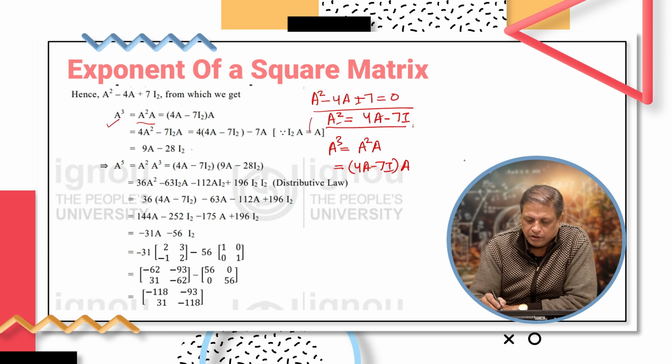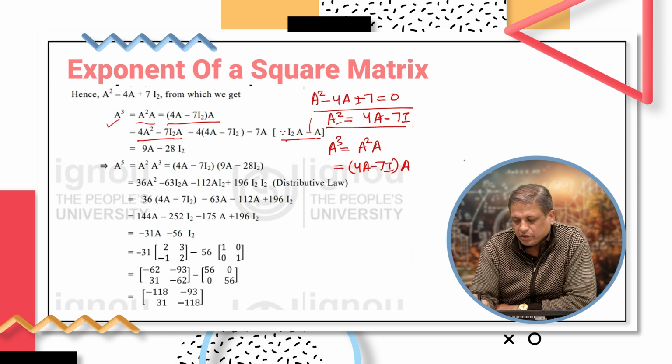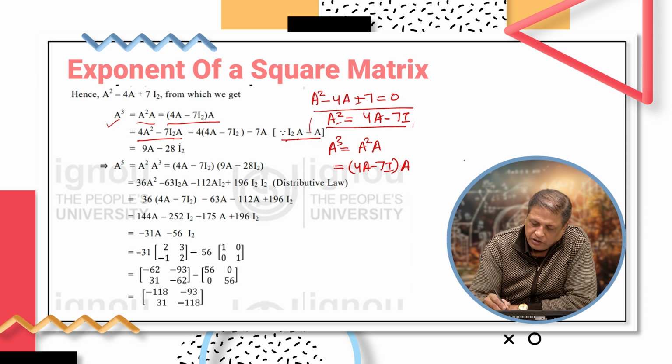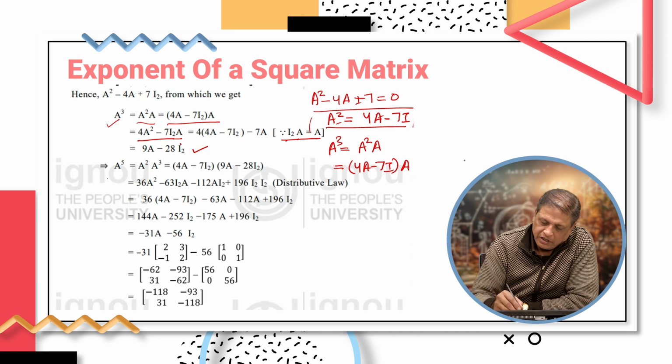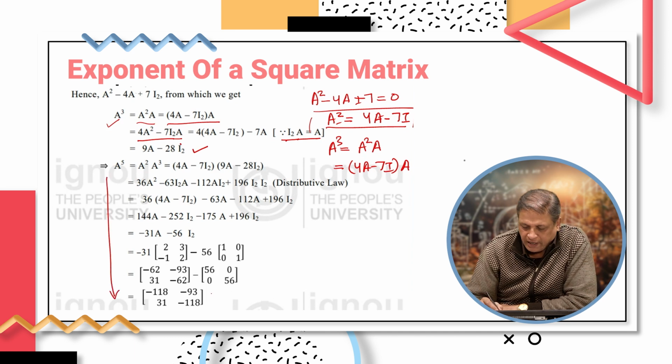So by substituting these values and opening the brackets, you will get 4A square minus 7I into A, and because multiplying A with the identity matrix will give you the result A only. So by performing the solutions one by one, the steps are given over here. You will find that the value of A5 turns out to be this much.